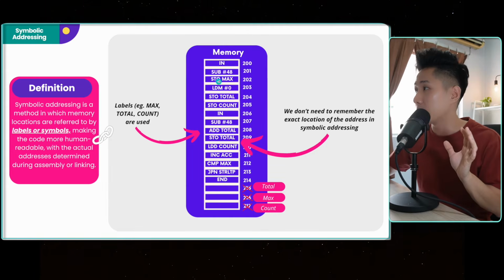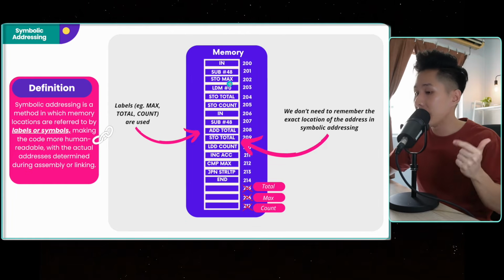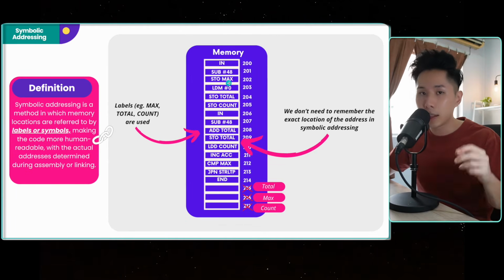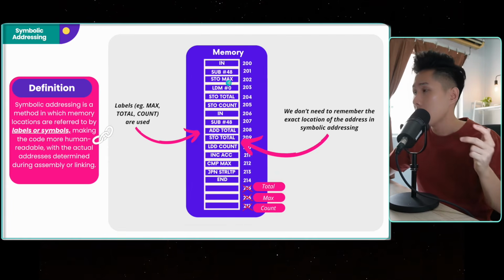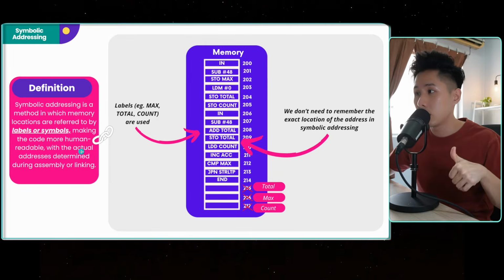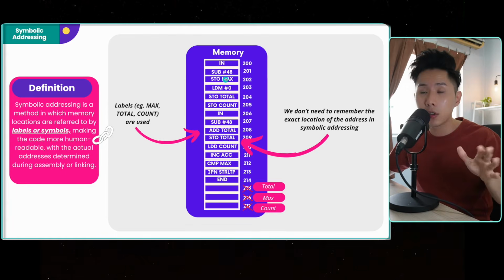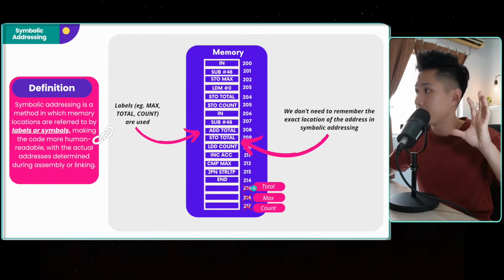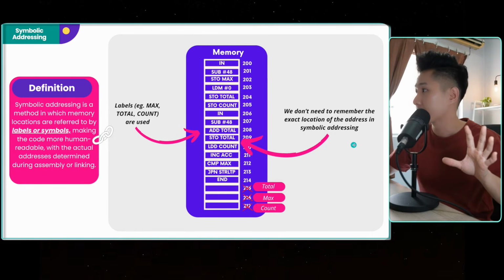What it means here is that, look, after you take in a number, you subtract by 48, instead of saying I want to store it in location 215, you give it a label, max, to indicate that this is the address that stores the max value. In other words, symbolic addressing makes the code more human readable, with the actual address determined during assembly or linking. Meaning when you're writing the code, you don't have to care about the location at which the value is stored. So you don't have to remember that.